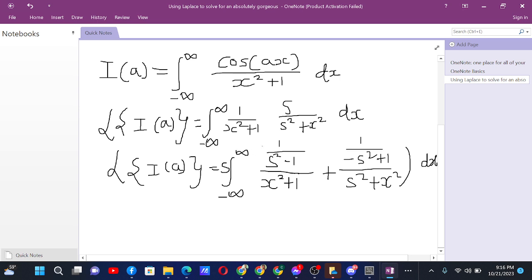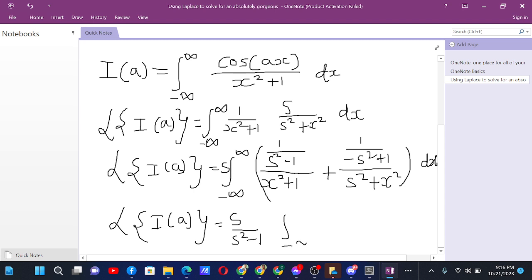Now we have the partial fractions, and then the Laplace transform of I of a is s times, and now we can also take this thing common, s square minus 1 in the denominator. The integral is from minus infinity to infinity of 1 by x square plus 1 minus 1 by s square plus x square.